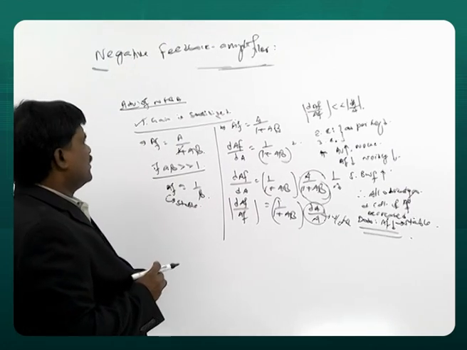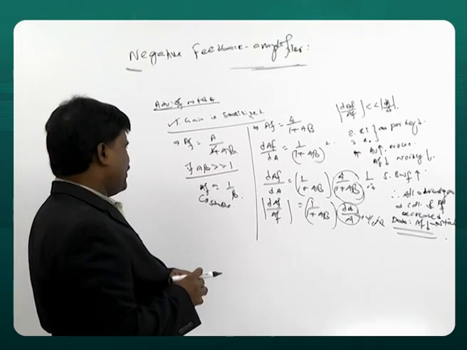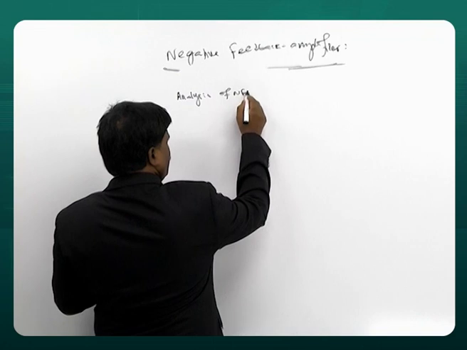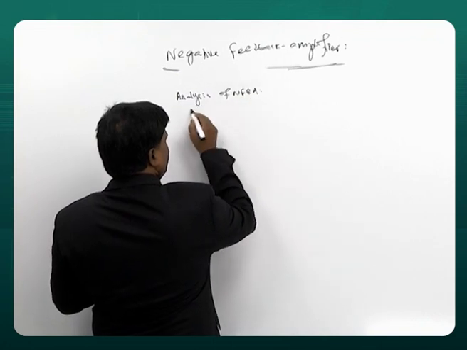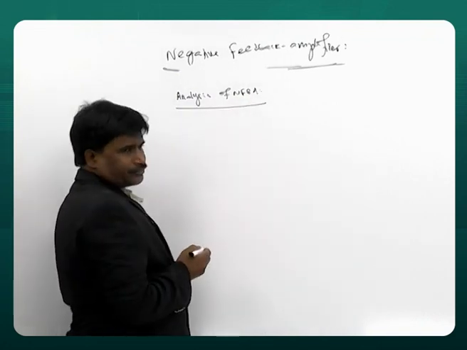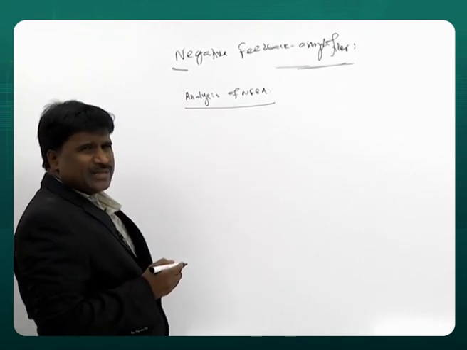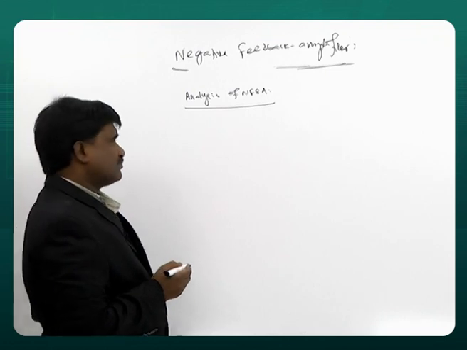In order to achieve the requirements, we need to go for feedback. This is called analysis of negative feedback amplifiers. So far we have seen the concept, we will see now the analysis.